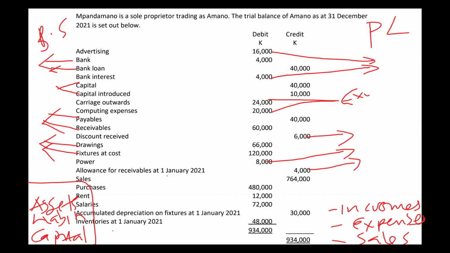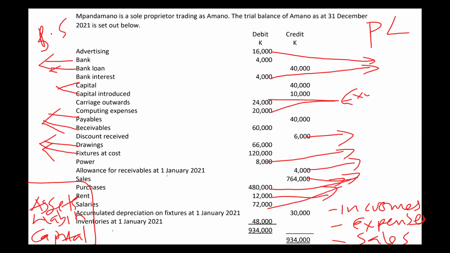The profit and loss account. Yes. What about purchases? Also profit and loss. What about rent and salaries? They are also expenses, profit and loss.